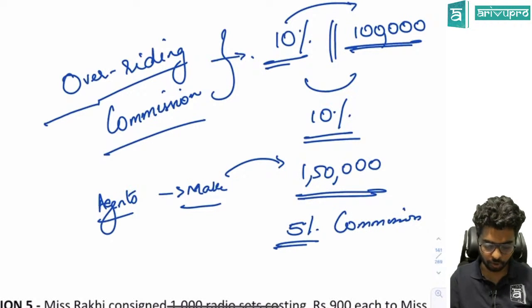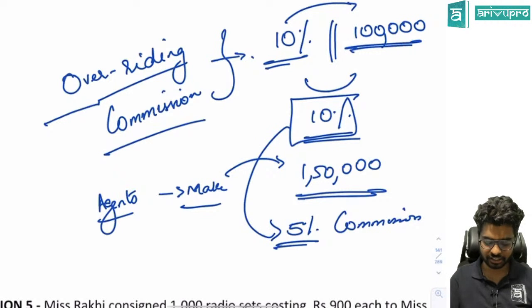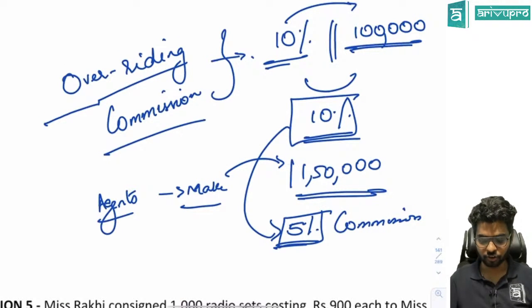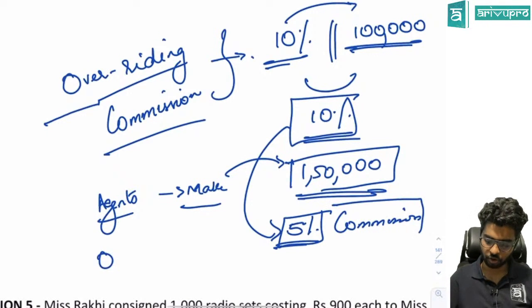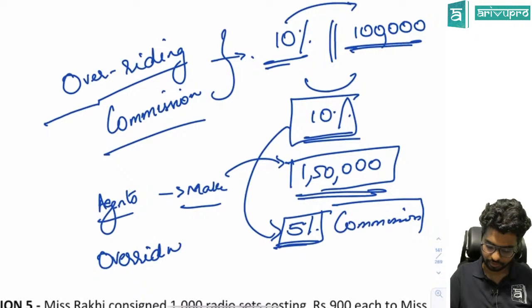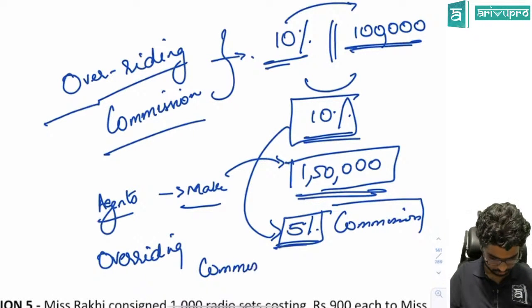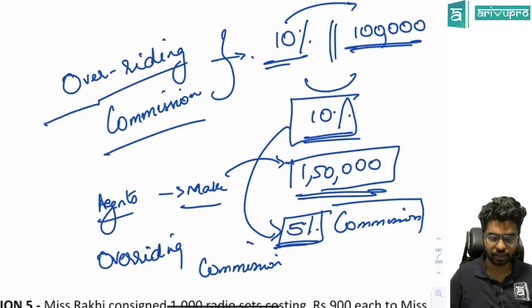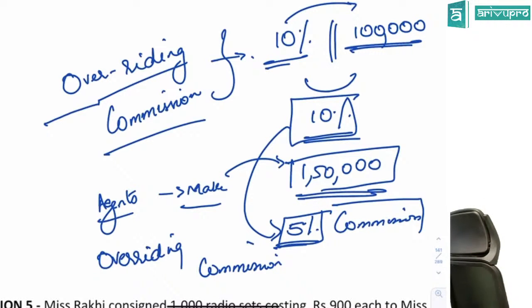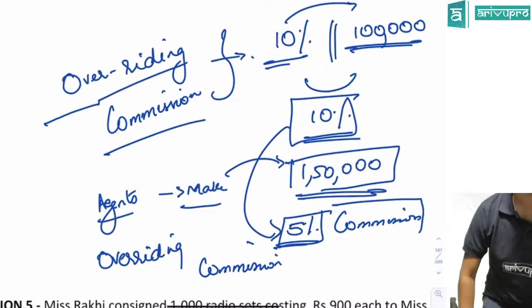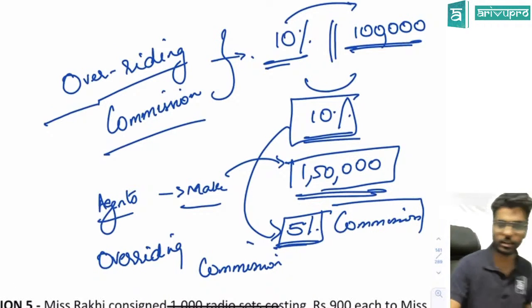That is over and above my normal commission of 10, I'll pay you additionally a 5% commission if you cross 1,50,000. This commission over and above my normal commission is called as overriding commission. Are you guys clear?